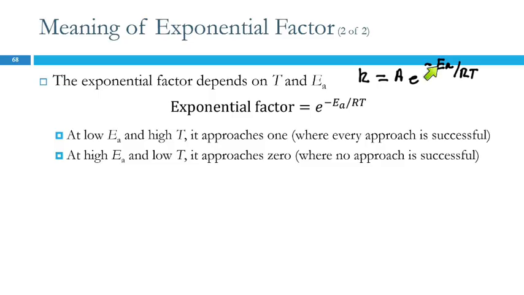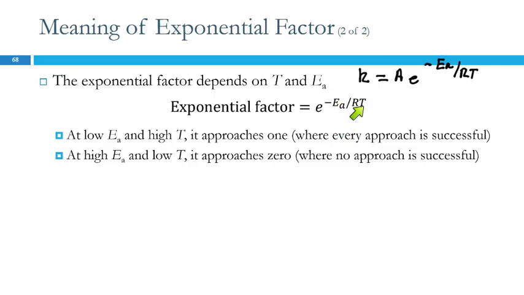The exponential factor is going to depend on the activation energy, and it also depends on the temperature. So if we have a low activation energy, we've got e raised to a negative exponent, and this negative exponent is going to be small, right? If EA is small.